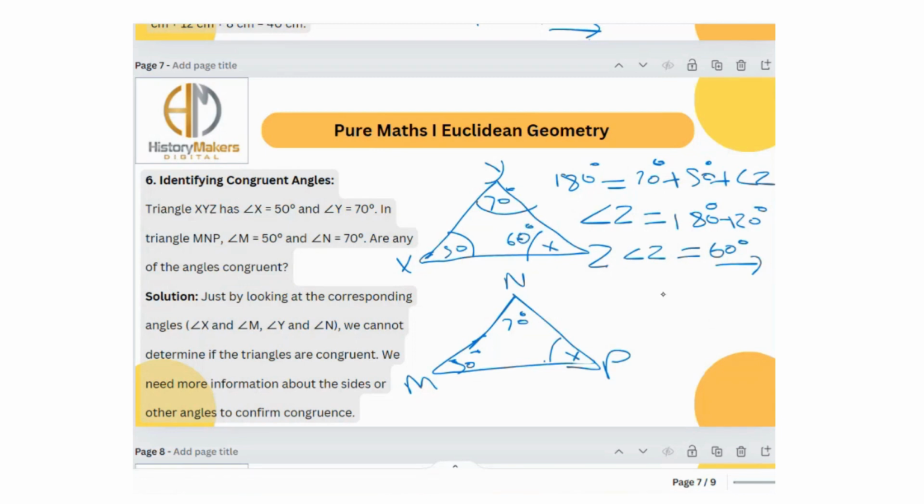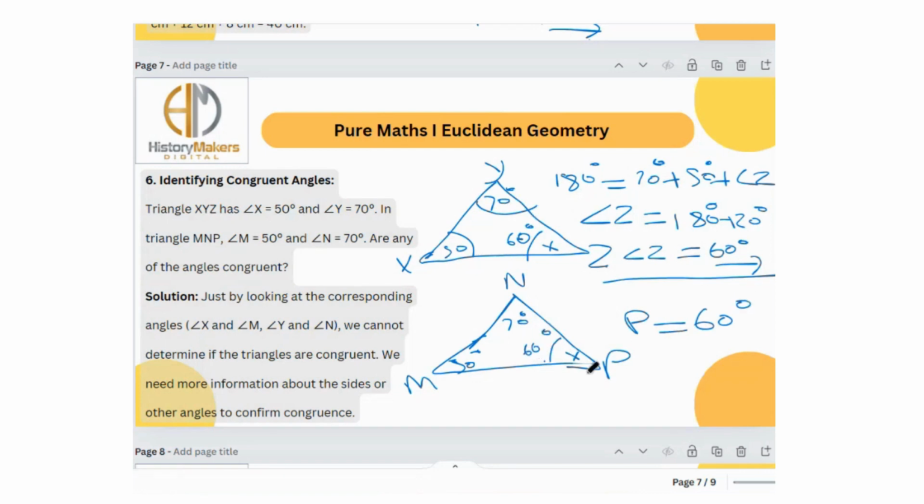And then similarly, when we have 50 here and we have 70 and 50 here, it goes without saying that angle P will also be similar in terms of the answer, and give us P being equal to 60.